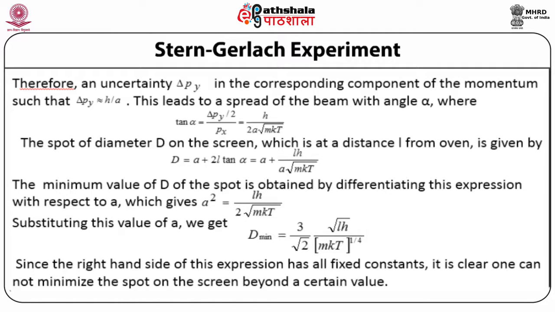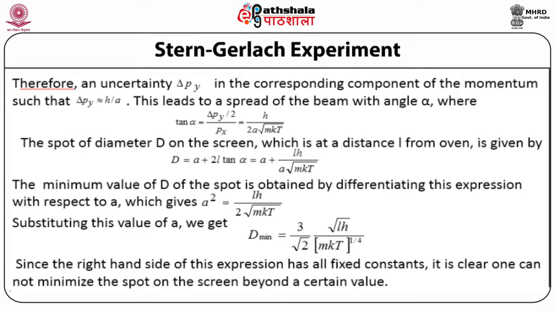This leads to a spread of the beam with an angle alpha, where tan alpha is equal to delta py by 2 upon px, where alpha is the half angle subtended by the beam on the screen, and delta py is the uncertainty in the y component of the momentum, while px is the x component of the momentum of the silver vapor atoms.